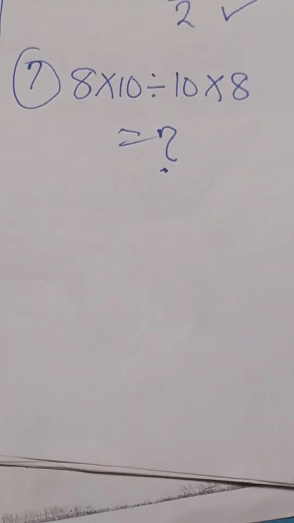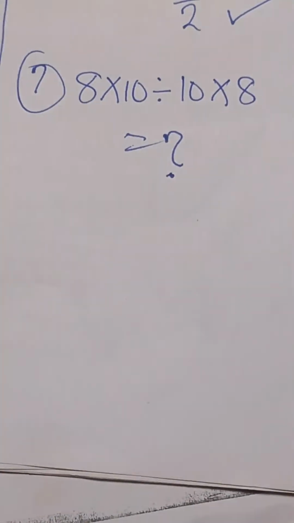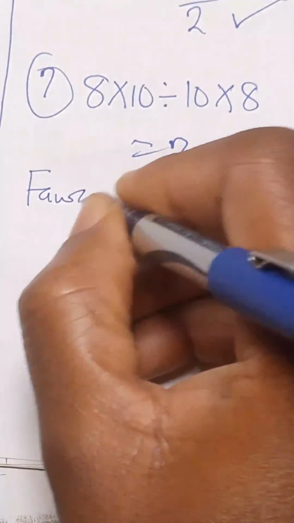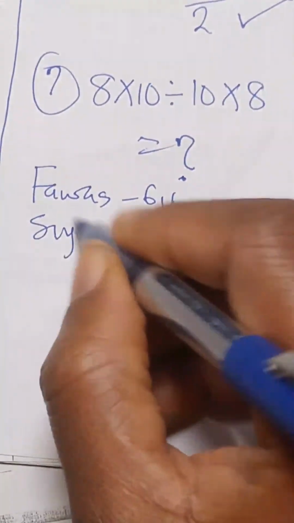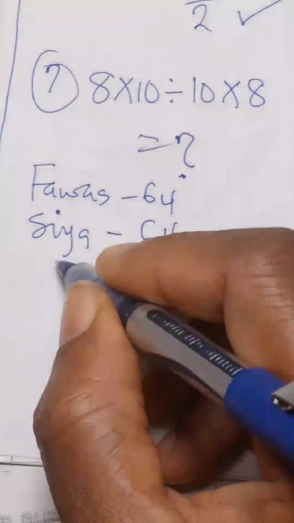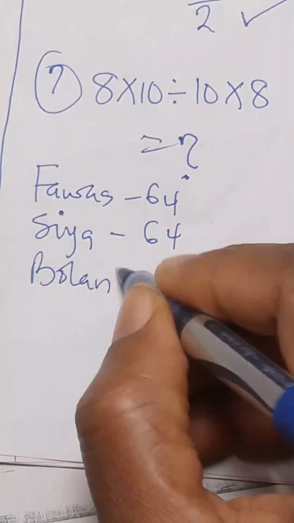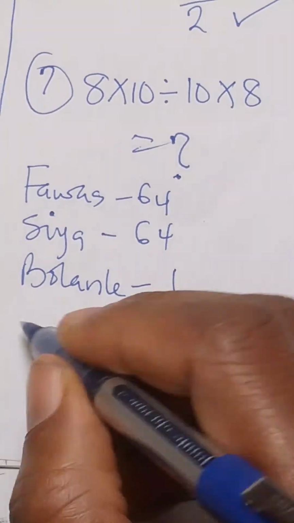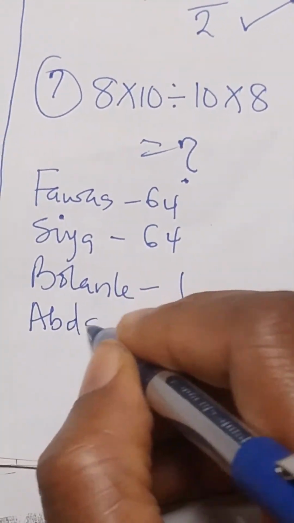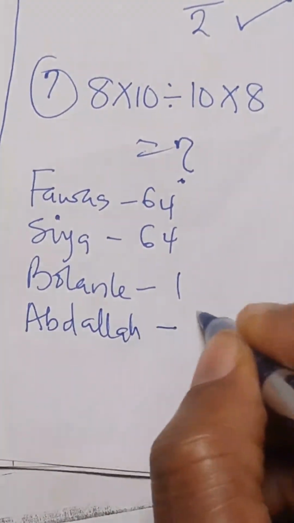Sorry for that. Okay. From what I'm seeing here, Fawaz answered this first. Fawaz says 64. Sia says 64. Bolanle, 1. And Abdallah, 1.